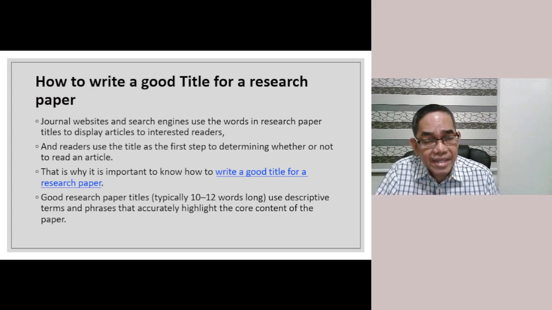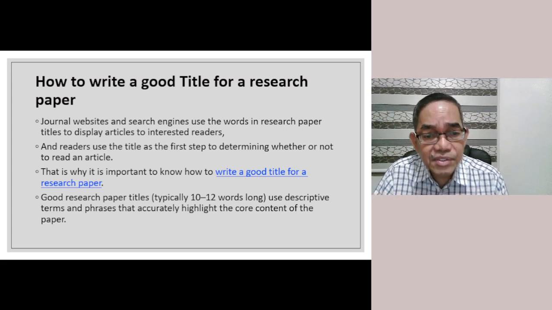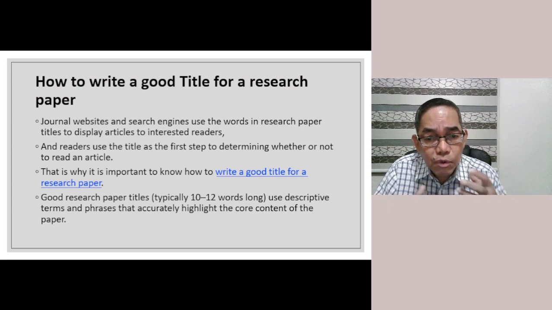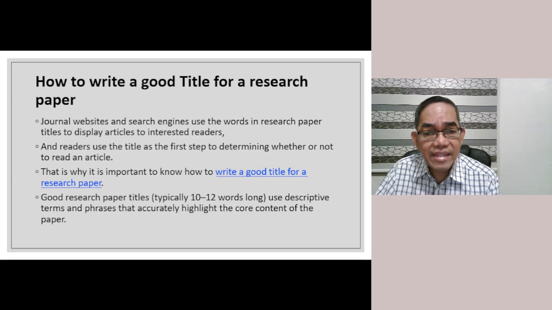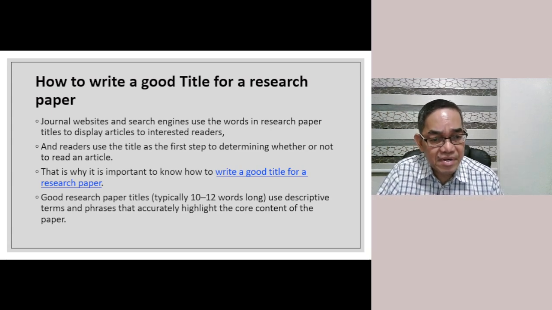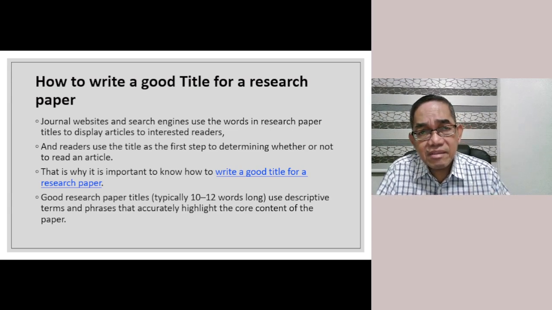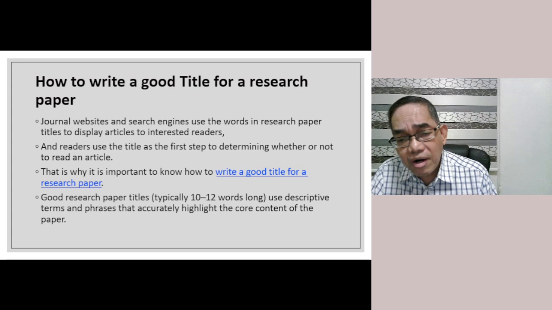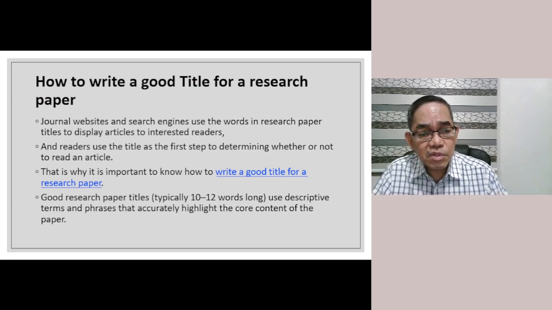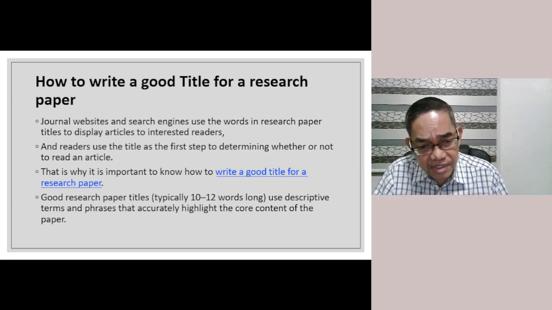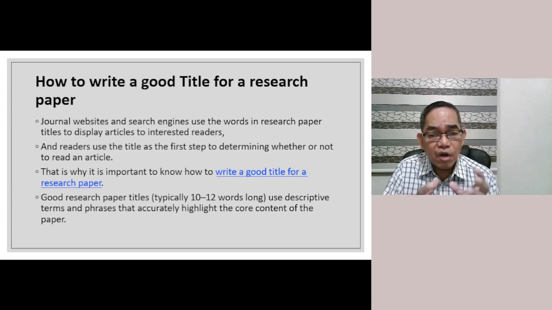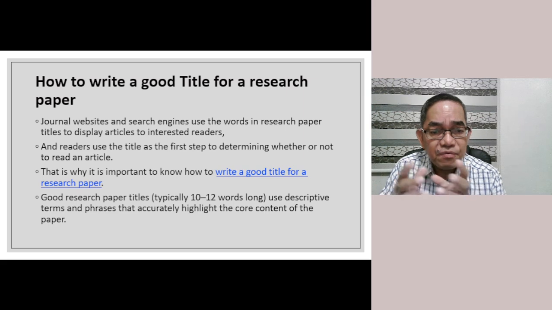That is why it is important for you to know how to write a good title for a research paper. Good research paper titles, typically 10 to 12 words long, use descriptive terms and phrases that accurately highlight the core content of the paper.